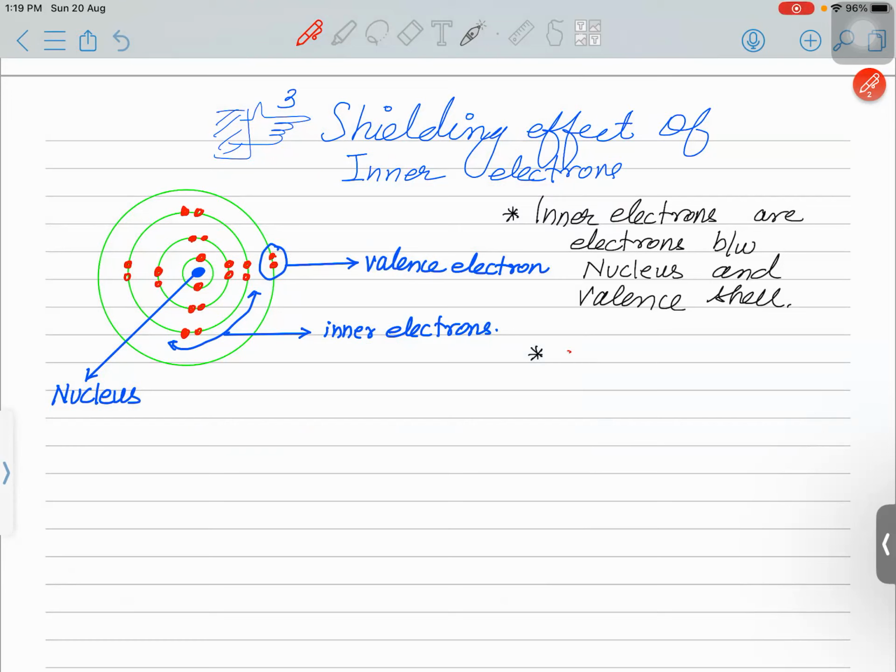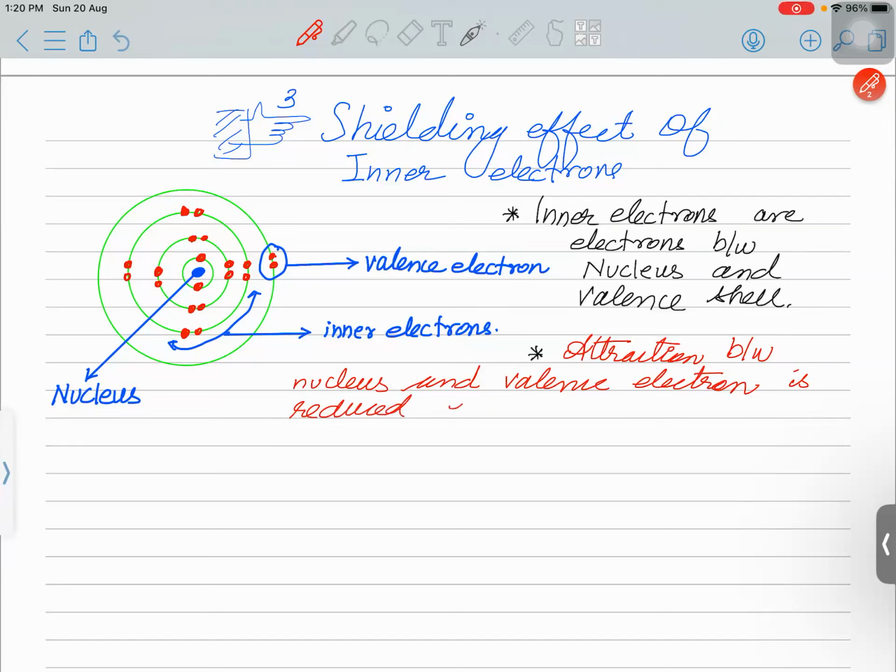So the next point is, attraction between the nucleus and valence electron is reduced by inner electrons.